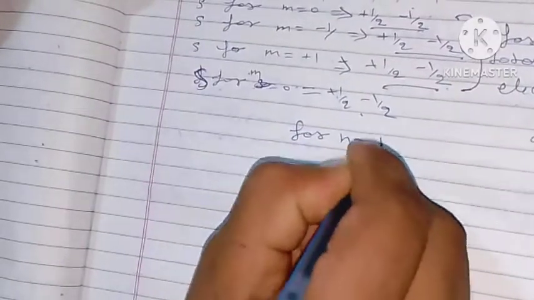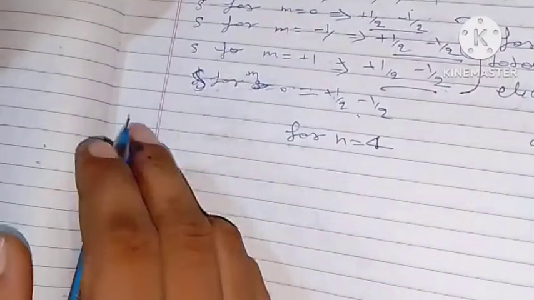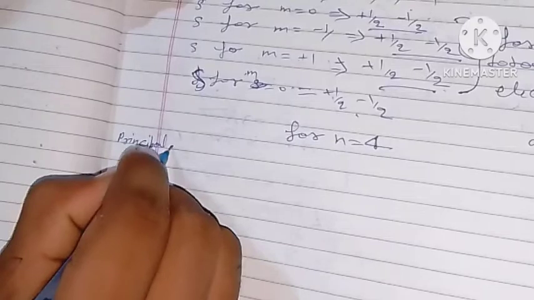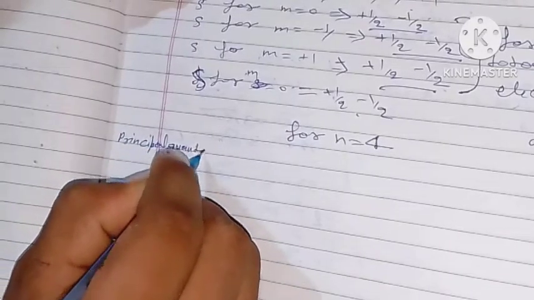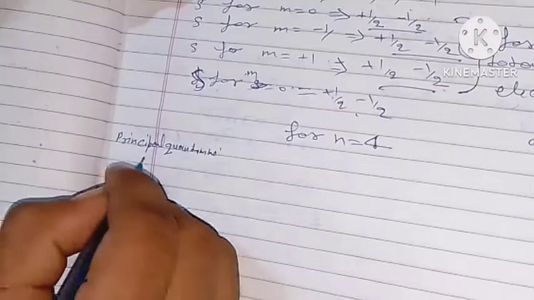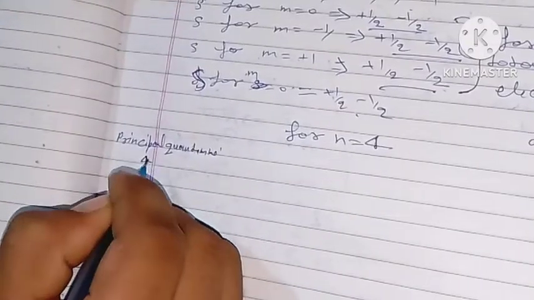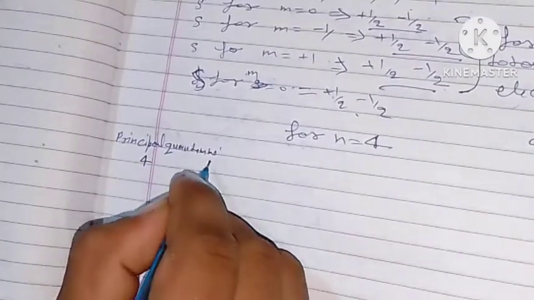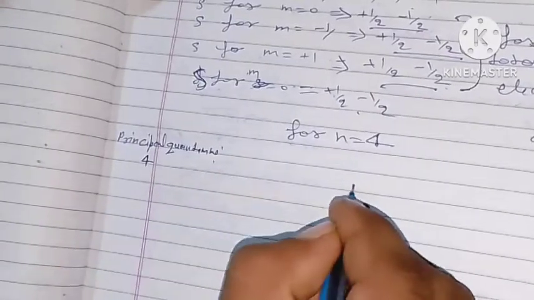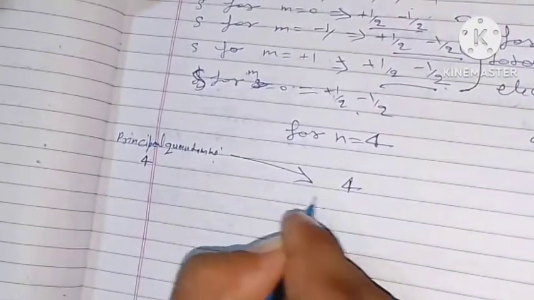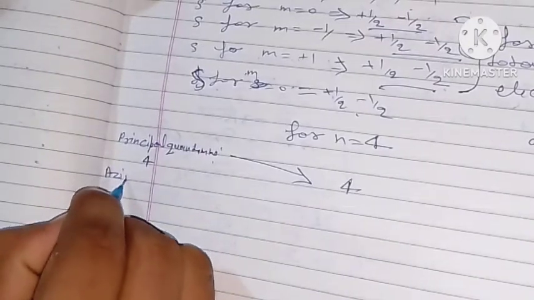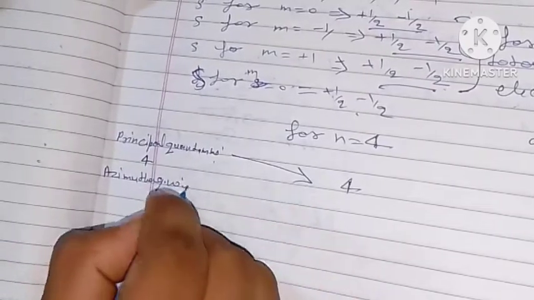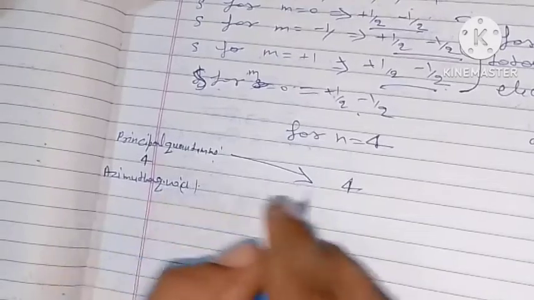The principal quantum number is 4, and next is the azimuthal quantum number l.